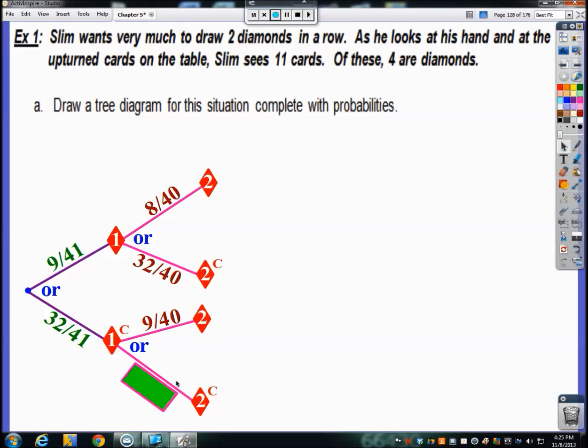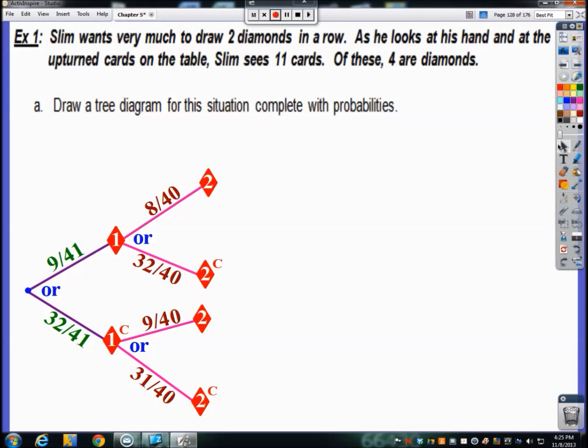And the probability that the second card is also not a diamond, given that the first card was not a diamond, well, if I pulled one of the 32 here, that means I have 31 leftover non-diamond cards out of 40 altogether. And again, notice 9 out of 40 and 31 out of 40 together make 100% for that particular branch.